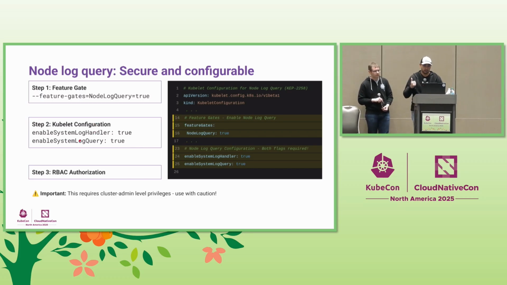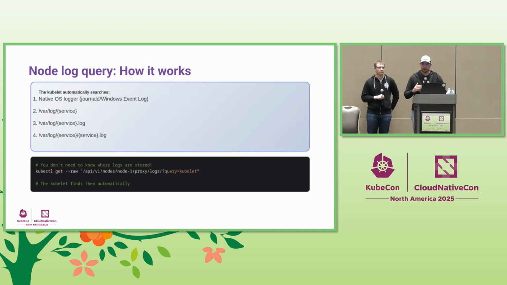Once you have the combination of these two options, you will be able to hit the logs proxy endpoint behind the kubelet endpoint. Since everything happens within the Kubernetes ecosystem, you have all the RBAC checks and RBAC authorization, so everything is done in a safe way.